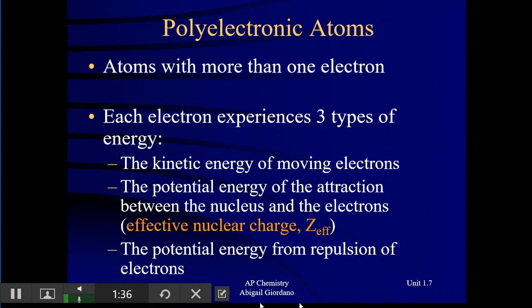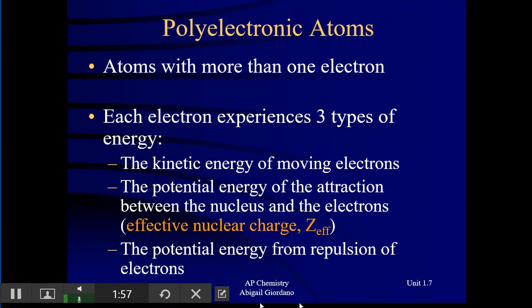I'm going to skip down to the third bullet point there. Electrons are also always experiencing repulsion from other electrons, and of course that's because like charges repel, so there's potential energy there. But the one in the middle, this is the big one.